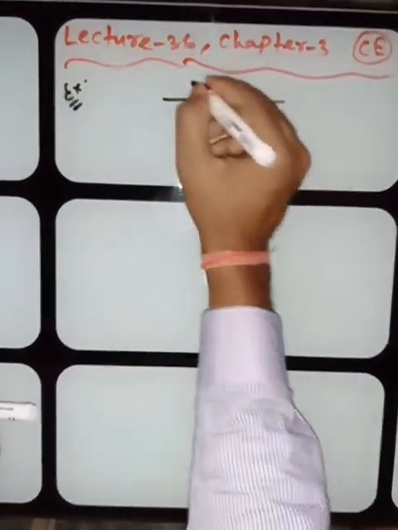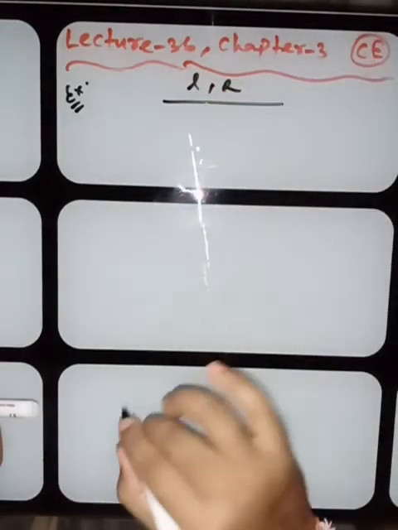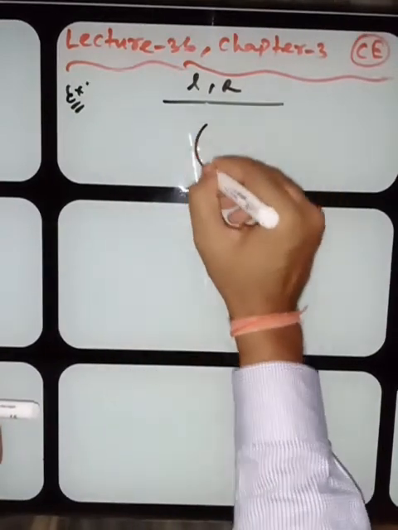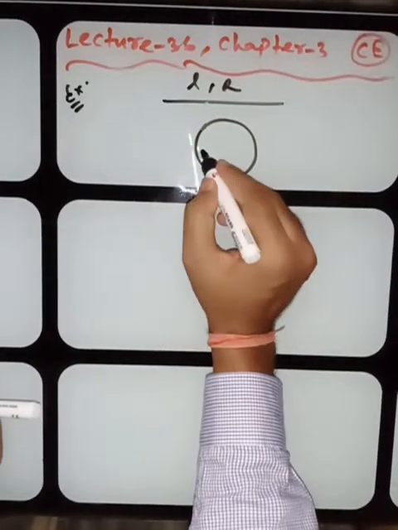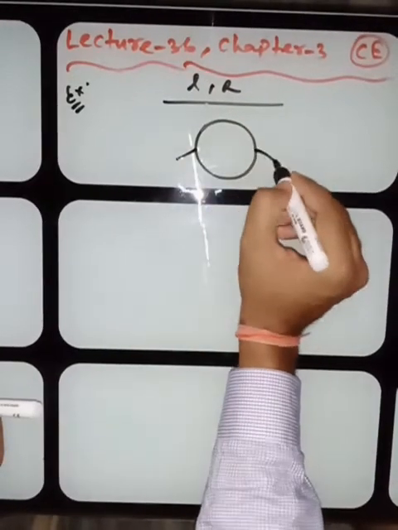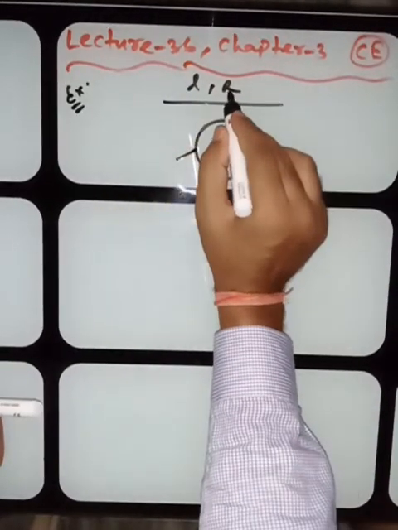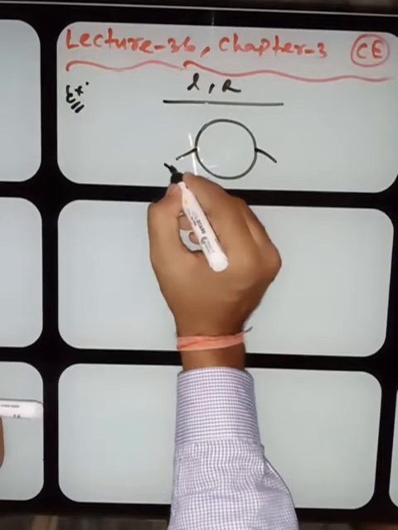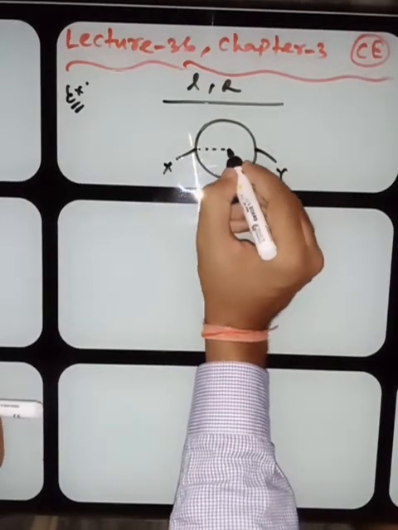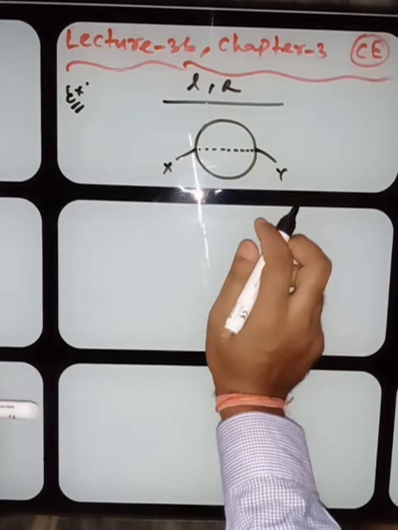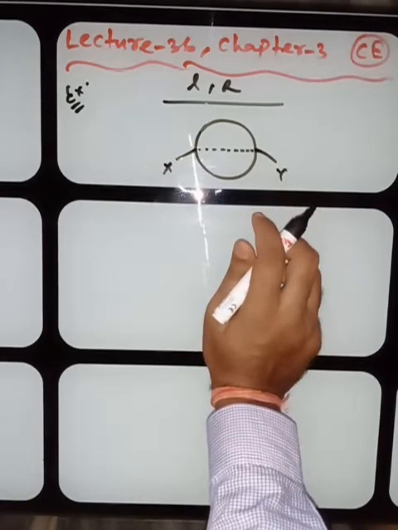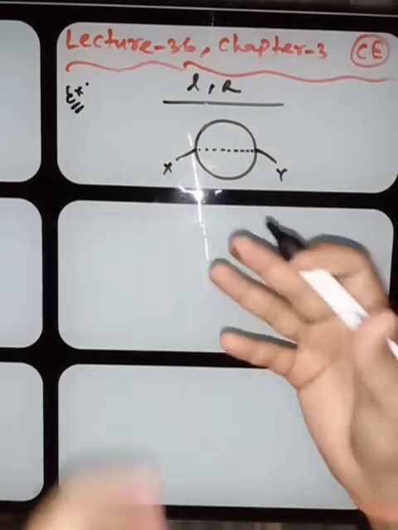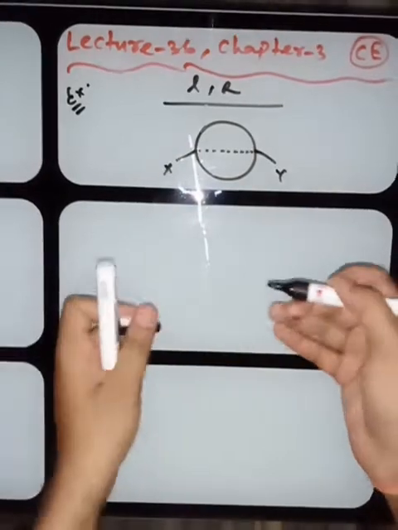If this is a conductor of length L and resistance R, and I fold this conductor to make a circle like this one, what will be the equivalent resistance between two points which are diametrically opposite? Could you solve this question? Pause the video and try to solve.